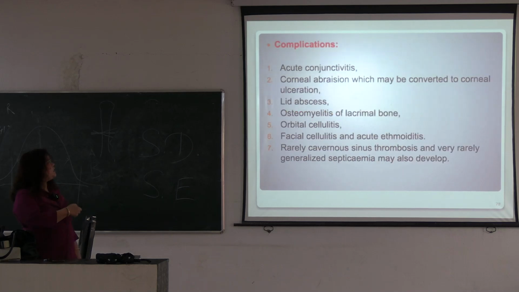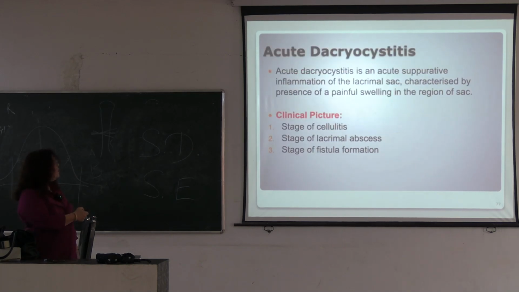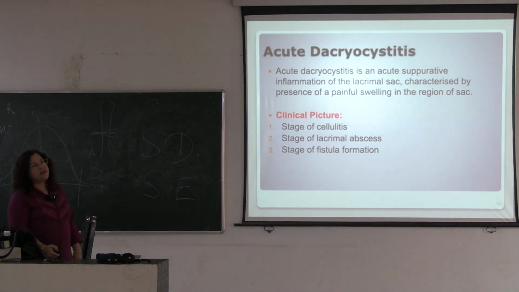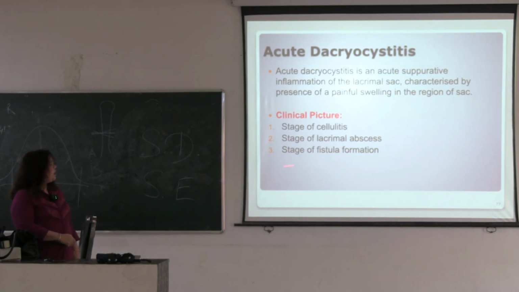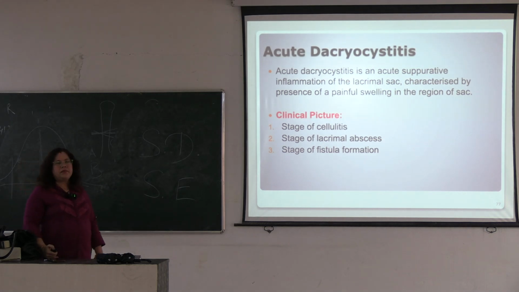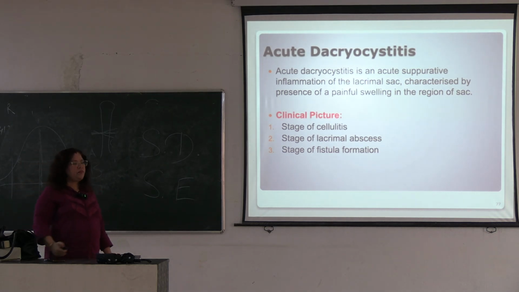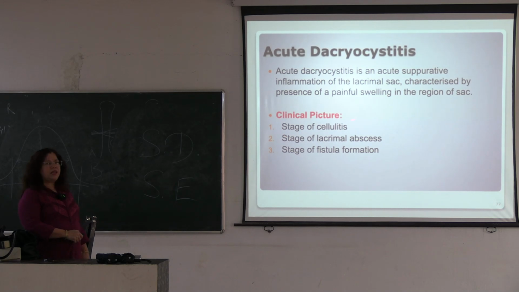Then acute dacryocystitis. Acute dacryocystitis is an acute exacerbation of chronic dacryocystitis. It occurs in 3 stages: stage of cellulitis, stage of lacrimal abscess, and stage of fistula formation. When only inflammation of the lacrimal sac occurs, this is cellulitis.